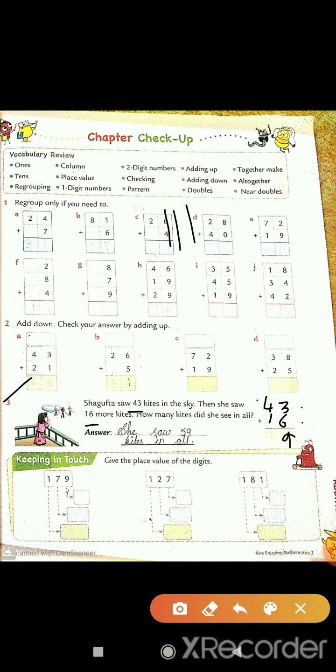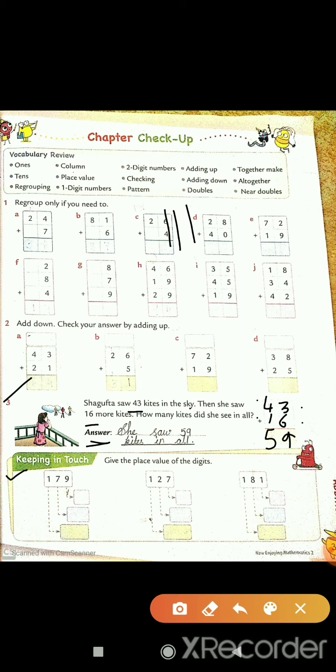And then add tens. 4 plus 1, 5. So our answer is 59. You need to write here: She saw 59 kites in all. Got it, students?